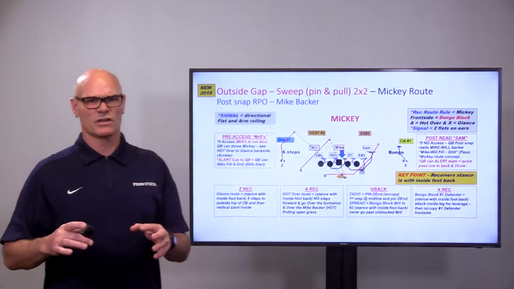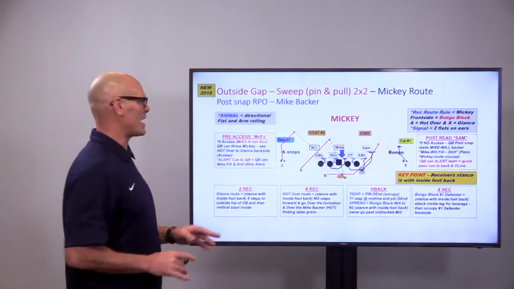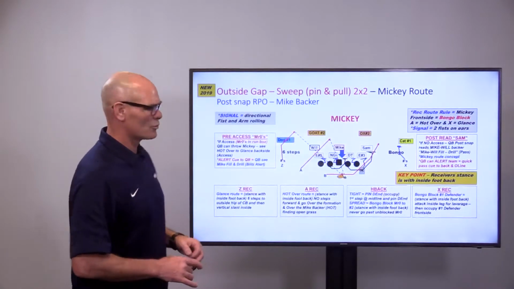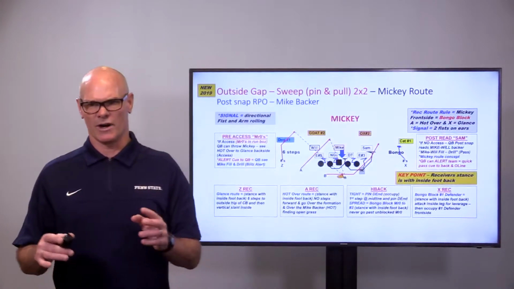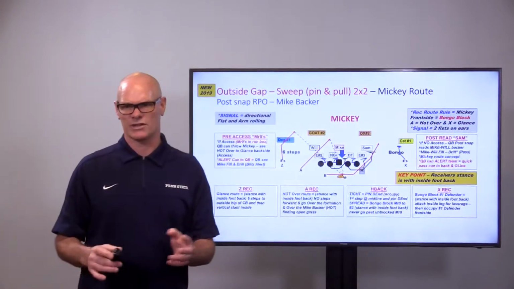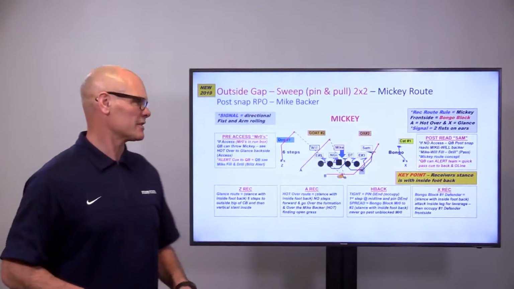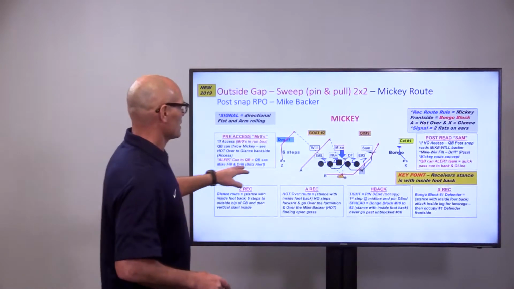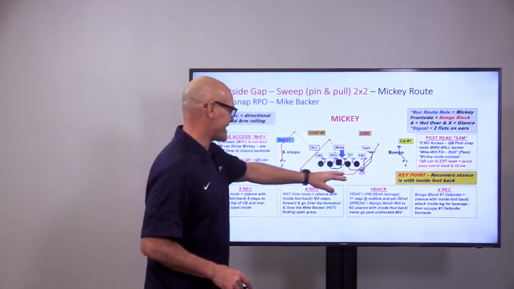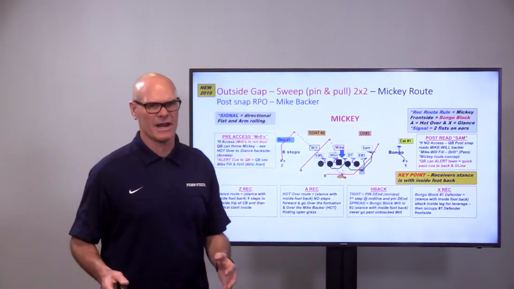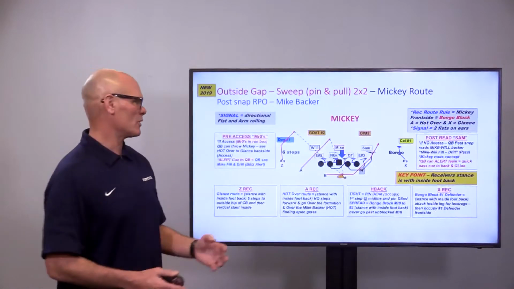The next thing you can do with your glance is put this into outside gap or outside run, which I believe is the biggest complement or area that needs to be added to almost every RPO type of system. Again, we're going to do pin and pull sweep here. And you're going to see Kansas City doing this. It's very popular now, using either outside zone or pin and pull.